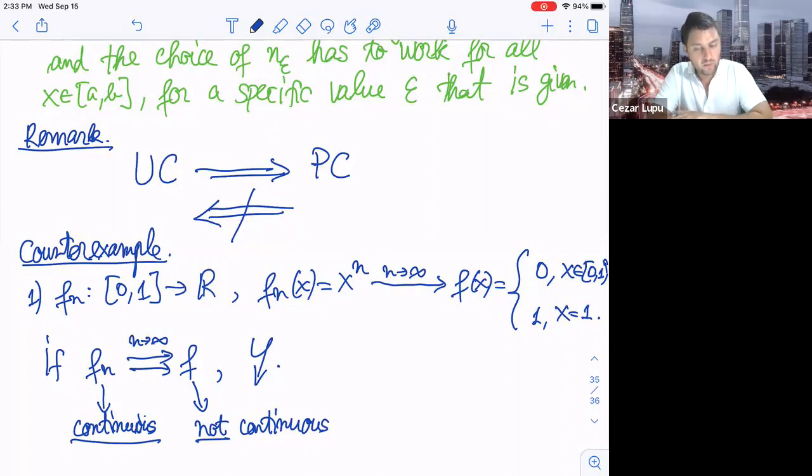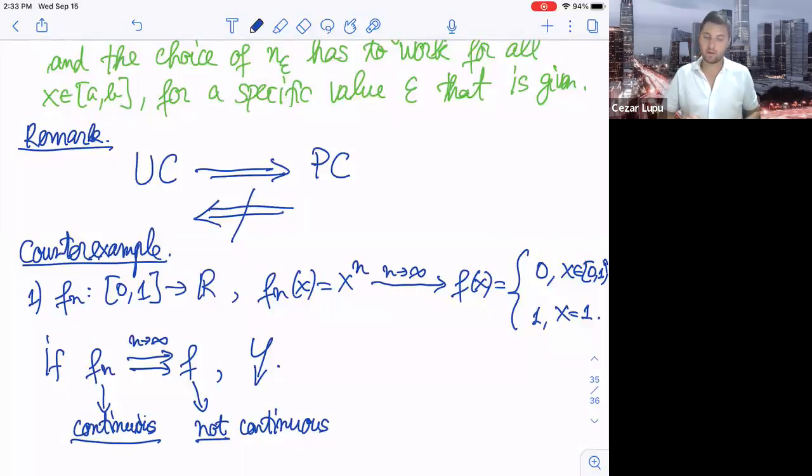All right, but before we go into that, since we said that uniform convergence implies pointwise convergence, and that the vice versa is not the case, we are wondering, is there a sufficient condition, or can we add a condition such that from pointwise convergence we can obtain uniform convergence?